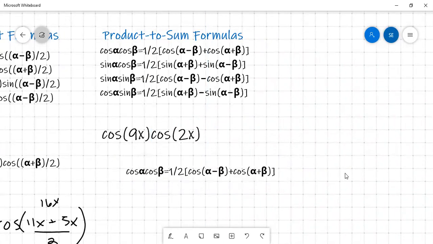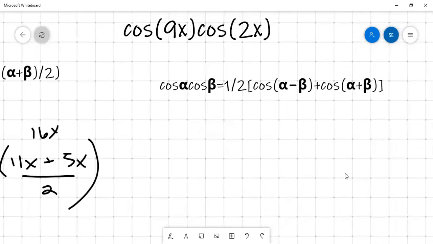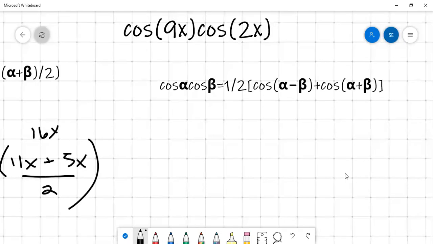In this, we have cosine 9x, cosine 2x. Again, I'm going to write down what my alpha and beta are. My alpha is equal to 9x, and my beta is 2x. Now I can just plug it into this formula.